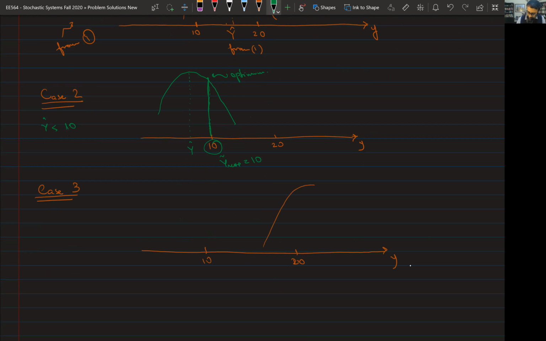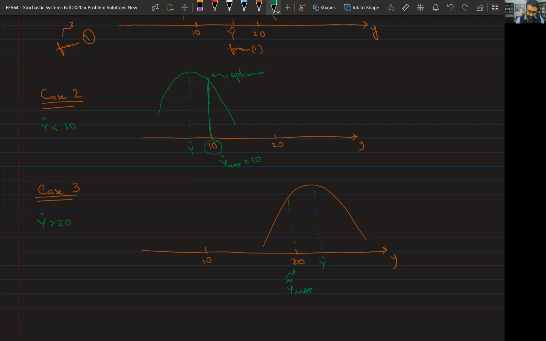This corresponds to the case where the maximum that the book evaluates, where the slope is equal to 0, is y hat, and this y hat in this case is greater than 20. Once again, because the objective function is concave, before the optimum the slope is always positive. That means it's a monotonically increasing function, so in this case this turns out to be the optimum. This is y tilde MAP.